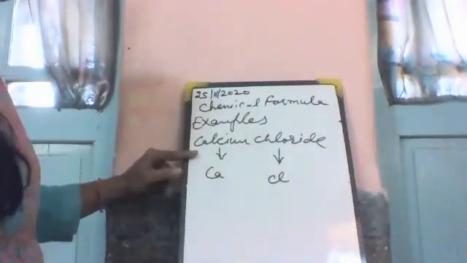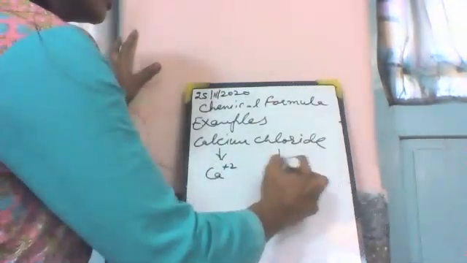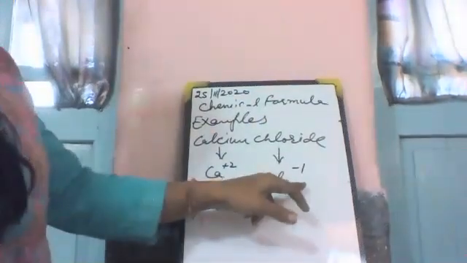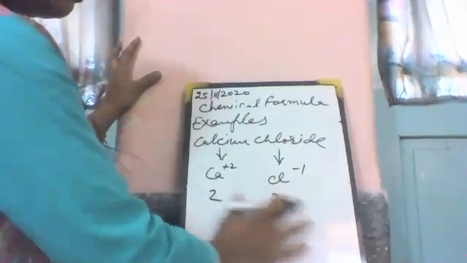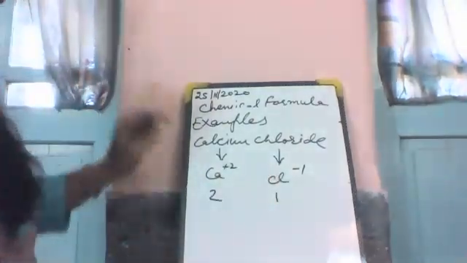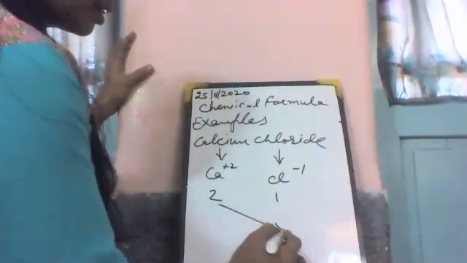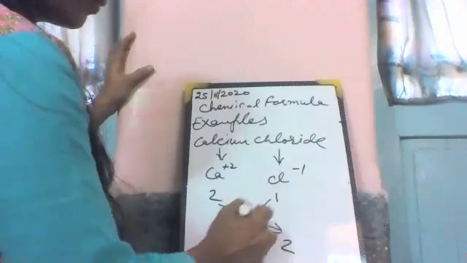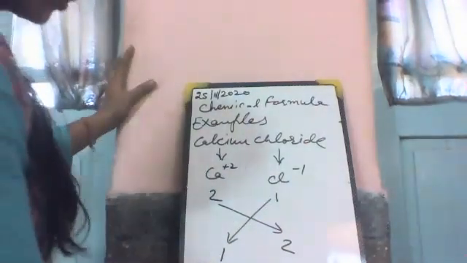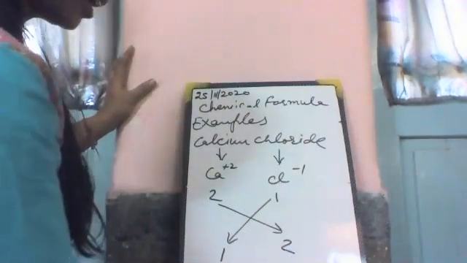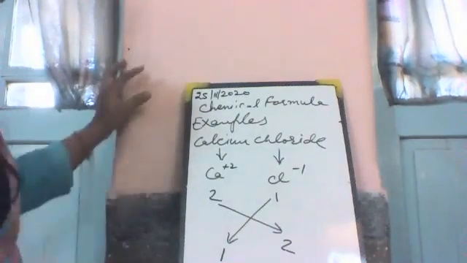Calcium has the positive valency +2, and chloride has the negative valency -1. Now write the valencies at the bottom, 2 and 1. Then change them: 2 for the chloride and 1 for the calcium. Take calcium 1 and chloride 2. This is the formula for calcium chloride.